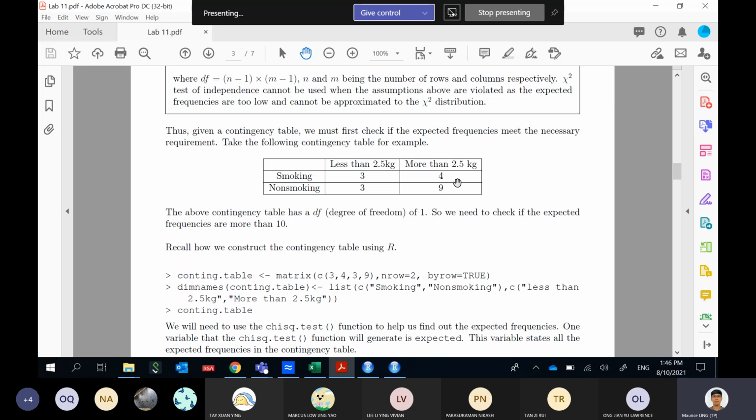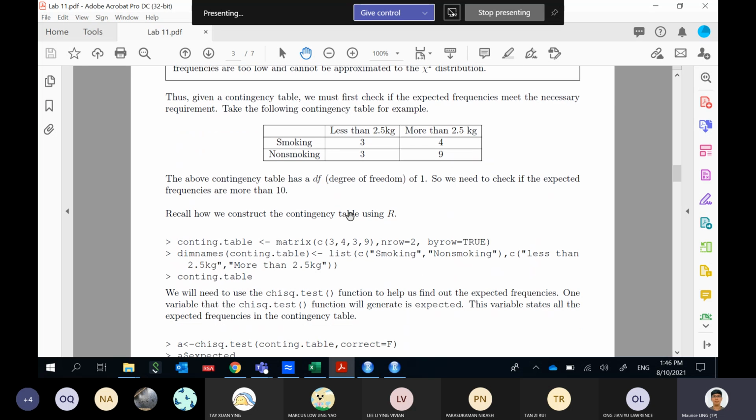Okay. So how do we do that? If you look at the function, we are also breaking up the data 4339 into 2 rows. That is how we build a contingency table. Okay.